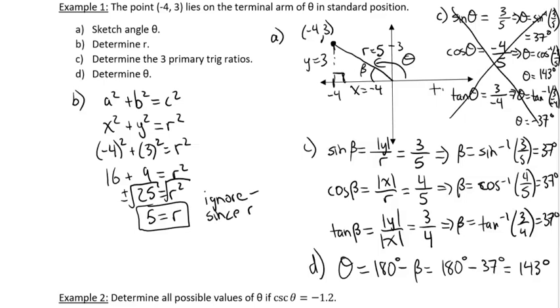Because in this case, if I just had sine, and I didn't have to actually use cosine and tan, it asked me to in part C here, but if it didn't ask me to use all three primary trig ratios, I could just determine it based on sine alone by just looking at what quadrant it's in.